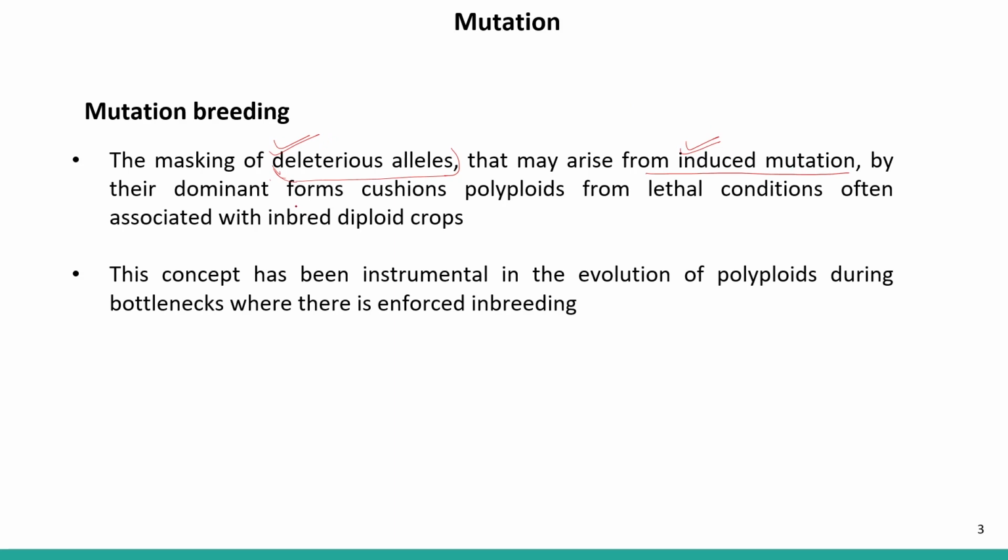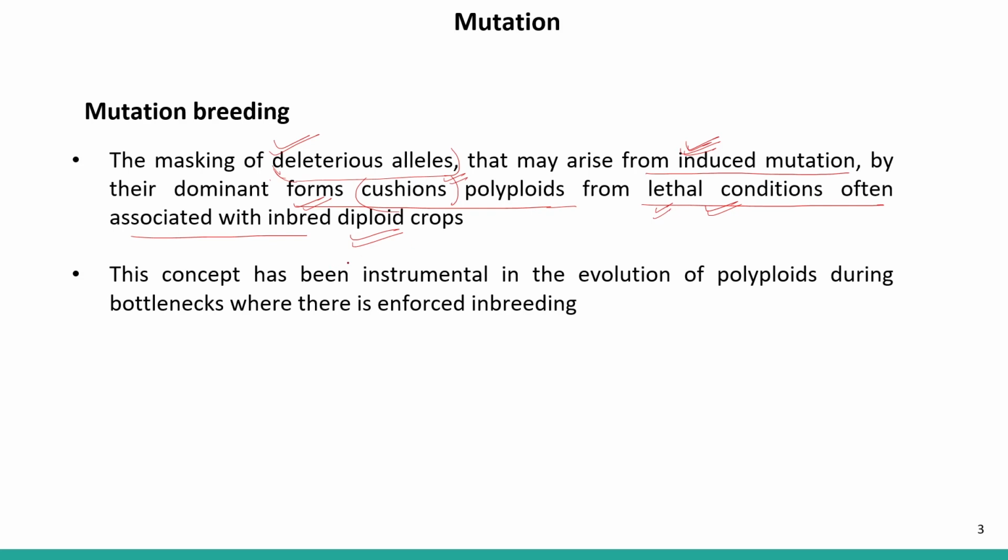By their dominant forms, they cushion polyploids from the lethal conditions often associated with inbred diploid crops. This cushioning means they protect polyploids from getting into a lethal condition.